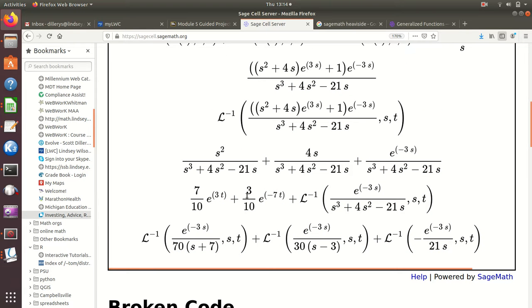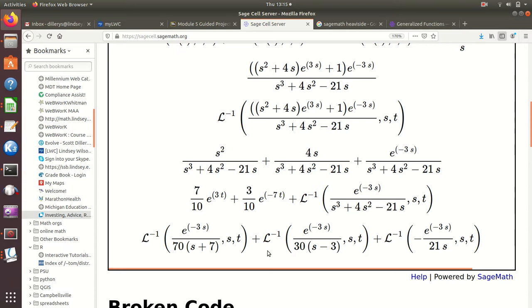I do. We did it already in the video. I'll have to do a little more research to see if I can tell it how to go to the unit step function with these, but it appears it doesn't.